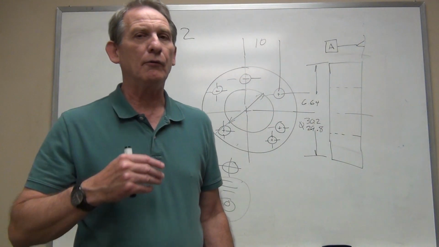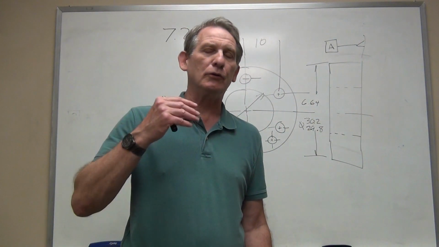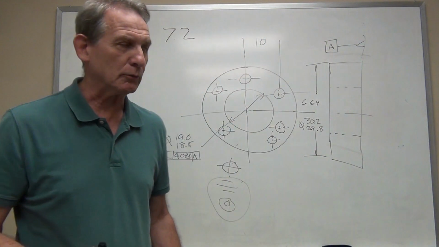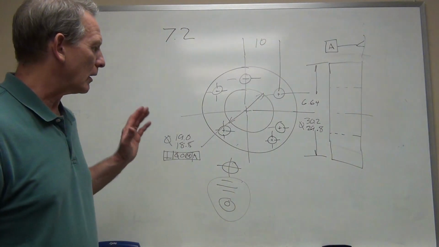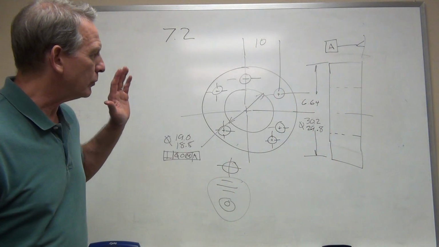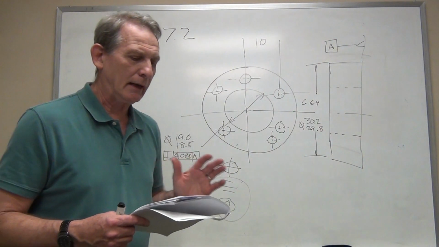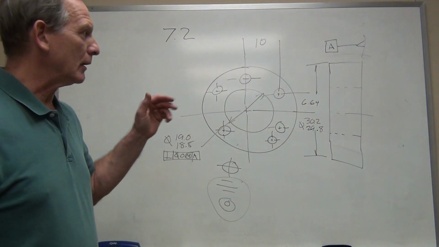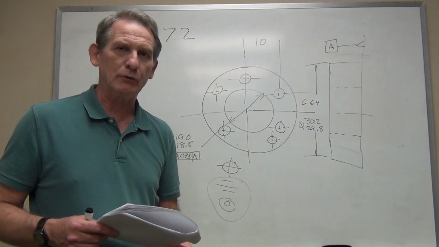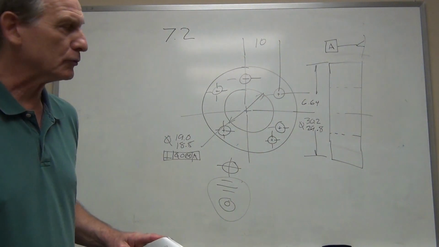So it's often desirable to use these things in conjunction with each other. And this is a good example of it here. You're going to see where we take care of positional control, we take care of orientation control, and I'm going to add to this illustration, I wish they had, a form control.